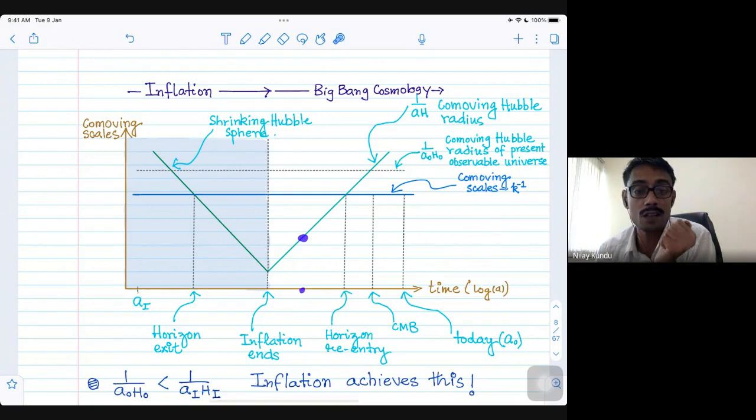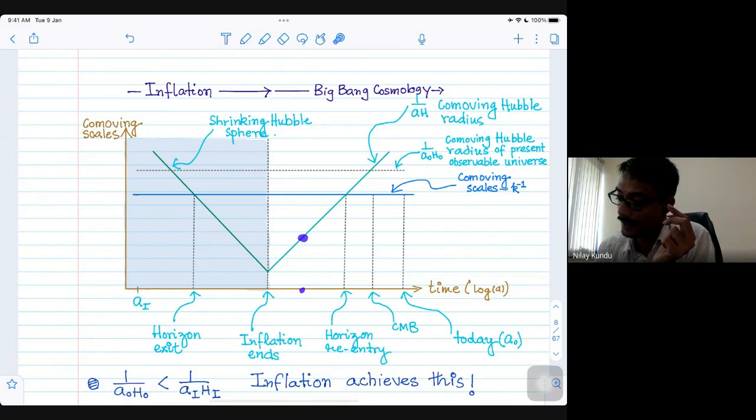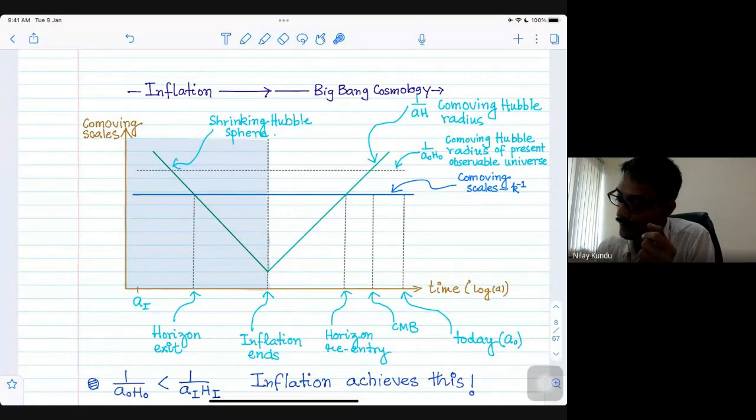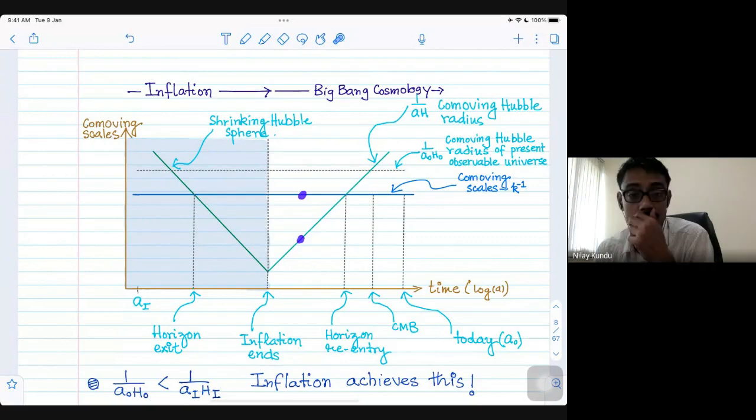So if two particles have to be in causal contact with each other, their separation must be somewhere here. But our cosmic evolution tells us that they were outside this, I mean, greater than 1 over aH. So two particles separated by a distance lambda couldn't have been in causal contact before a certain time.